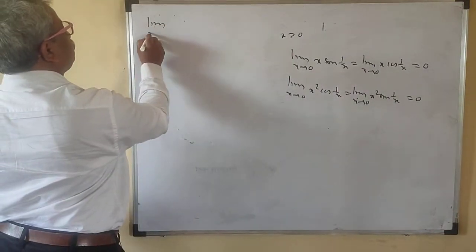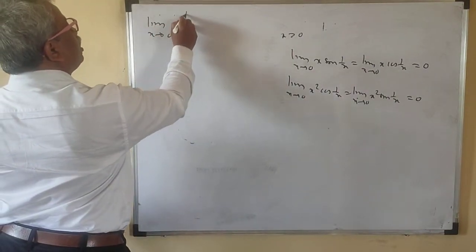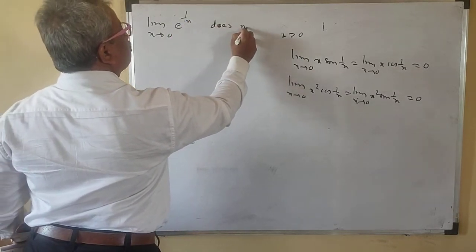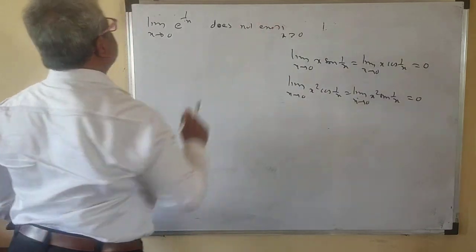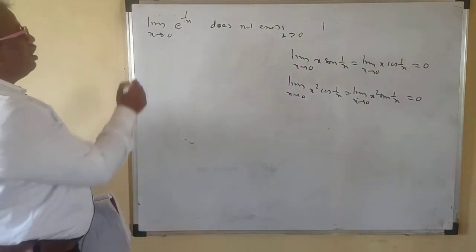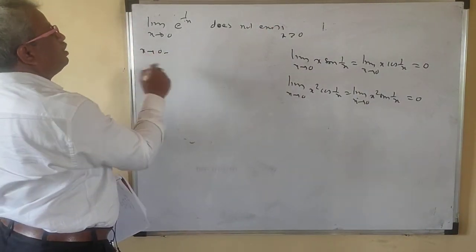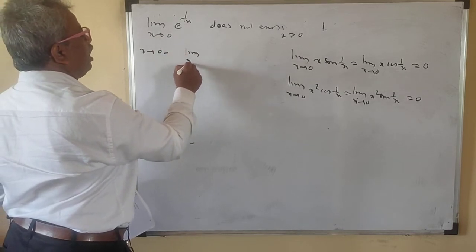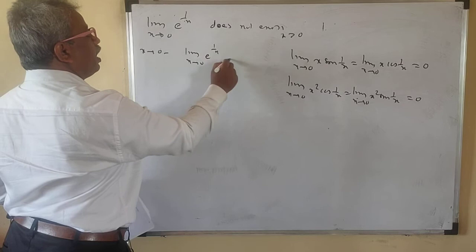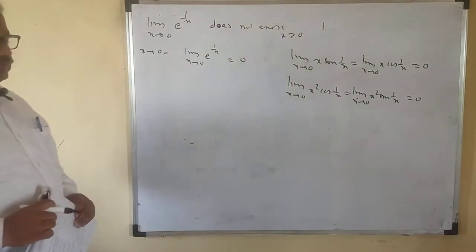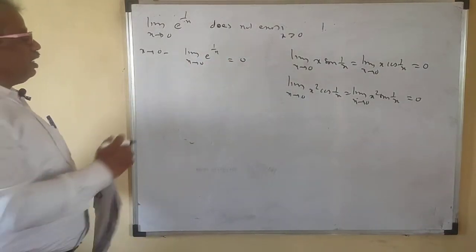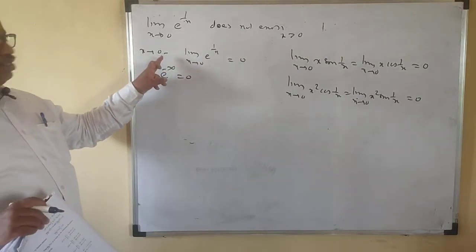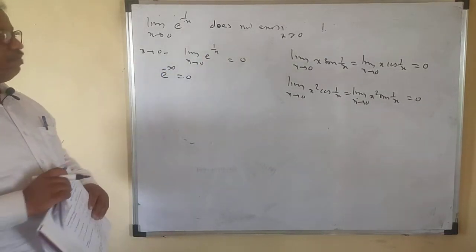Next, limit x tends to 0, e raised to 1 by x. This does not exist. Because if x tends to 0 minus, then e raised to 1 by x is 0, because e raised to minus infinity is 0.